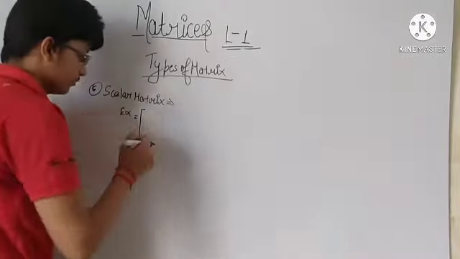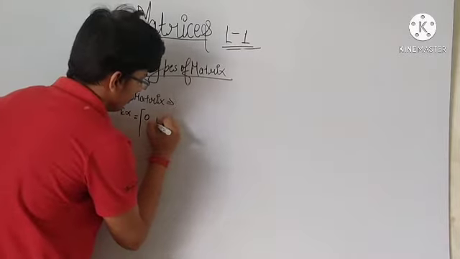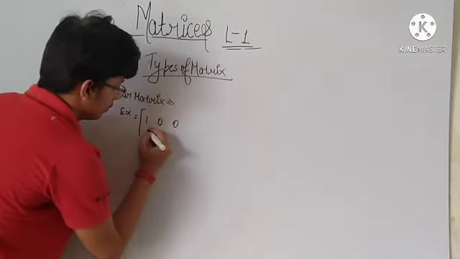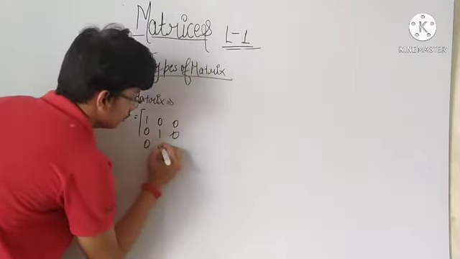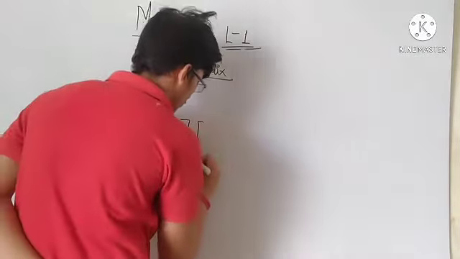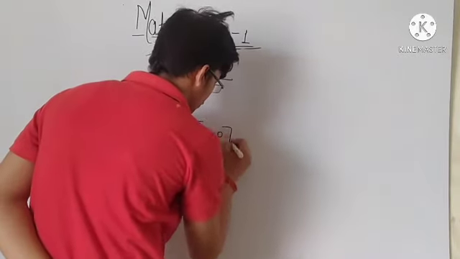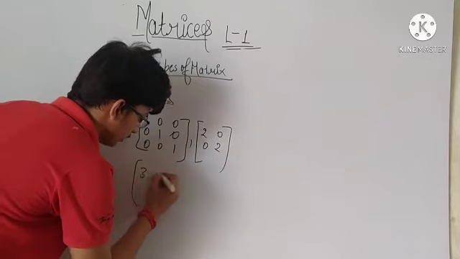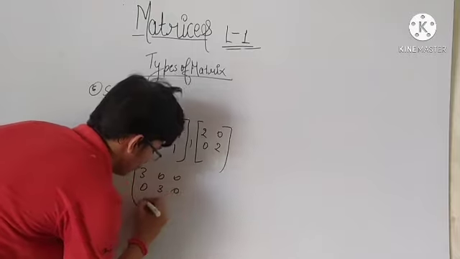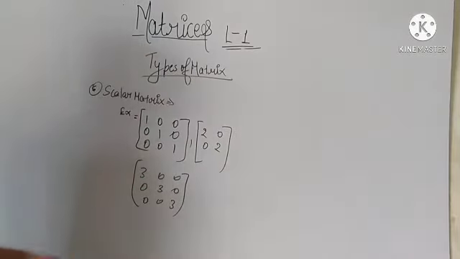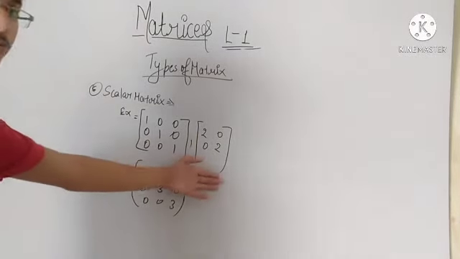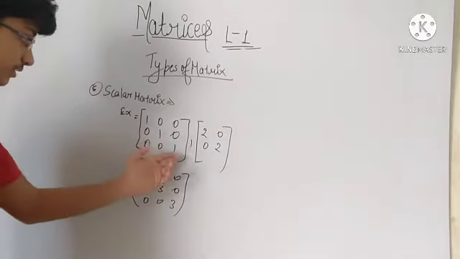For example, 2, 0, 0, 2, where the diagonal is equal, or 3, 0, 0, 0, 3, 0, 0, 0, 3. Whether the 2 into 2 matrix or the 3 into 3 matrix, the diagonal is the same, equal.